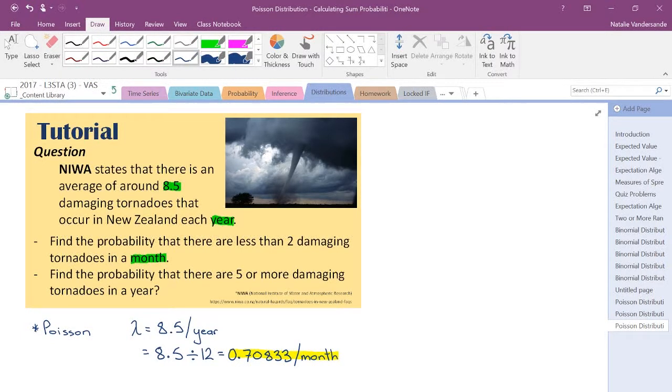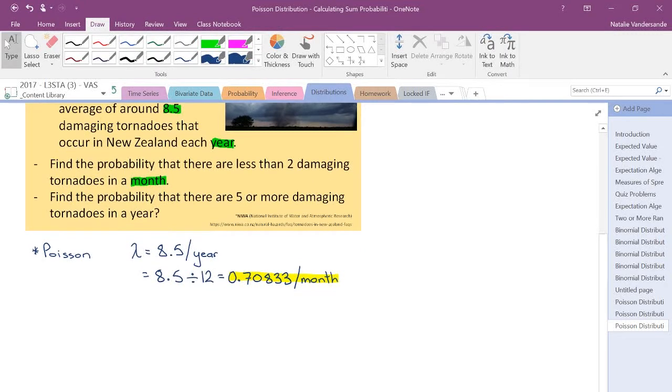Now to write our probability statement. We're wanting to find the probability that there is less than 2 tornadoes in a month. So less than 2, that means I'm looking for the probability of there being either 0 tornadoes or 1 tornado.